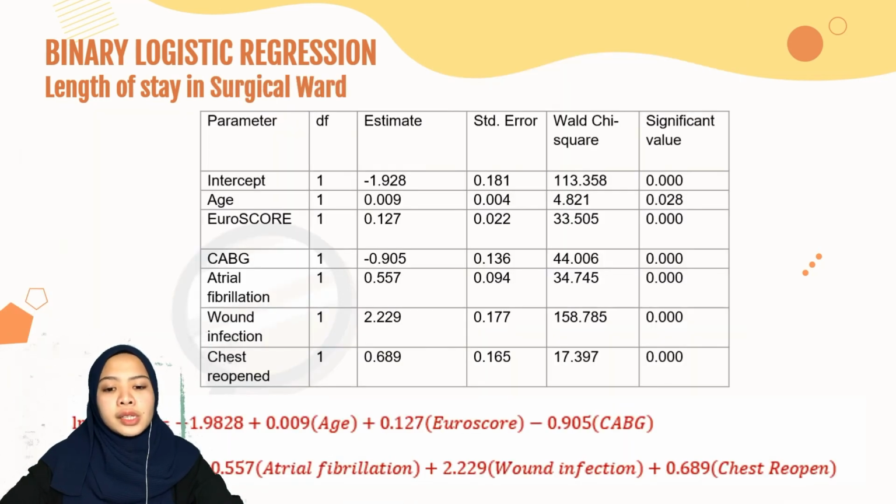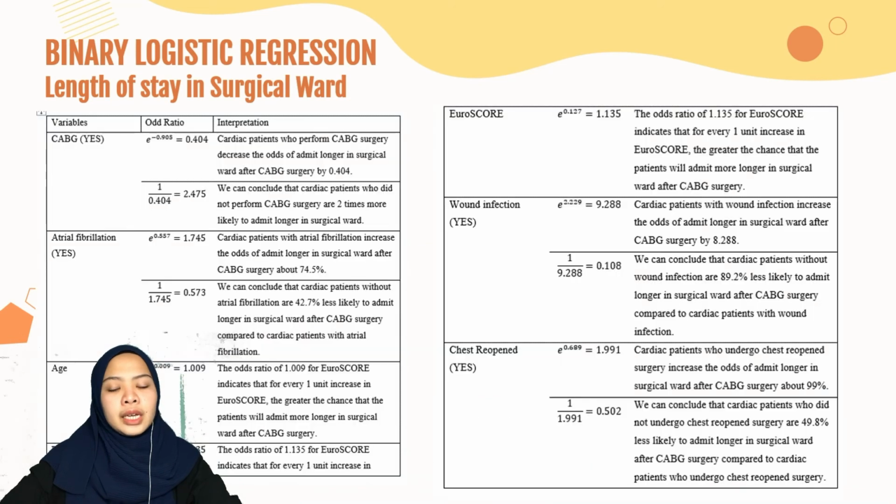For length of stay in surgical ward, the estimated model shows that there are only 6 significant variables. Same as the previous slide, this is the table of odds ratios for each significant variable in the estimated model for length of stay in surgical ward for cardiac patients who underwent CABG surgery.